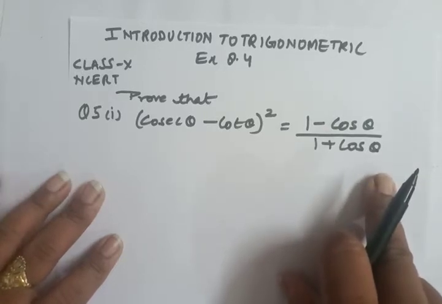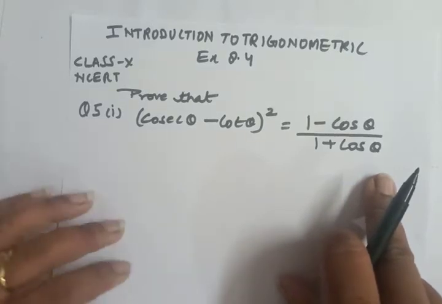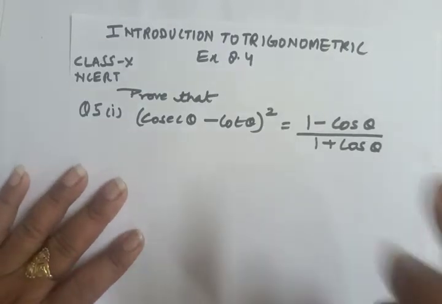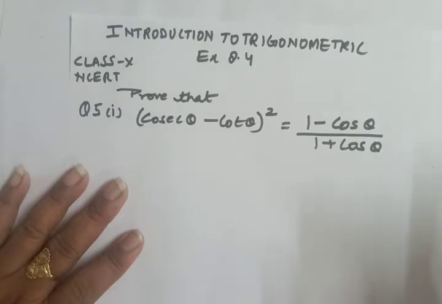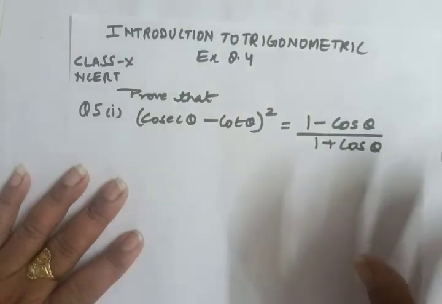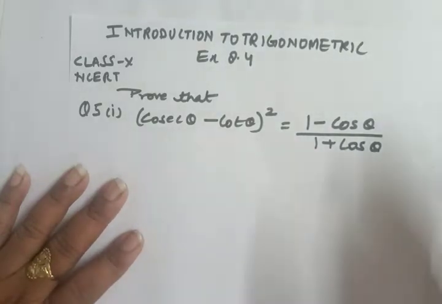So let me tell you first of all, because this is the very first question, you have to of course learn all the three identities that I already told you in my previous video. If you have not gone through it, please go through that video again.